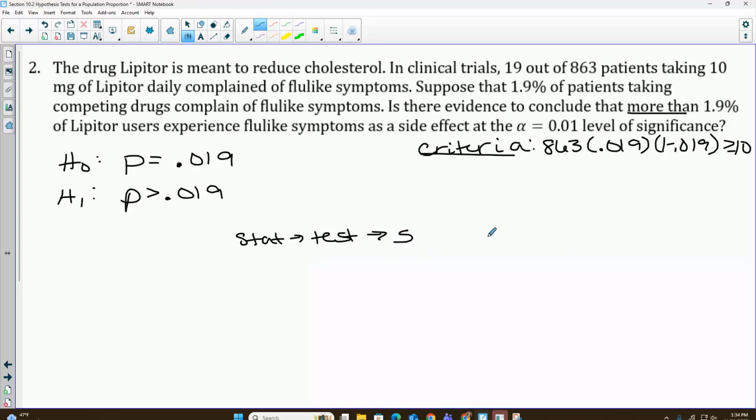Okay, on that, the p sub 0 is my x. X is 19. My n is 863. My alternative, I'm testing greater than and calculate.